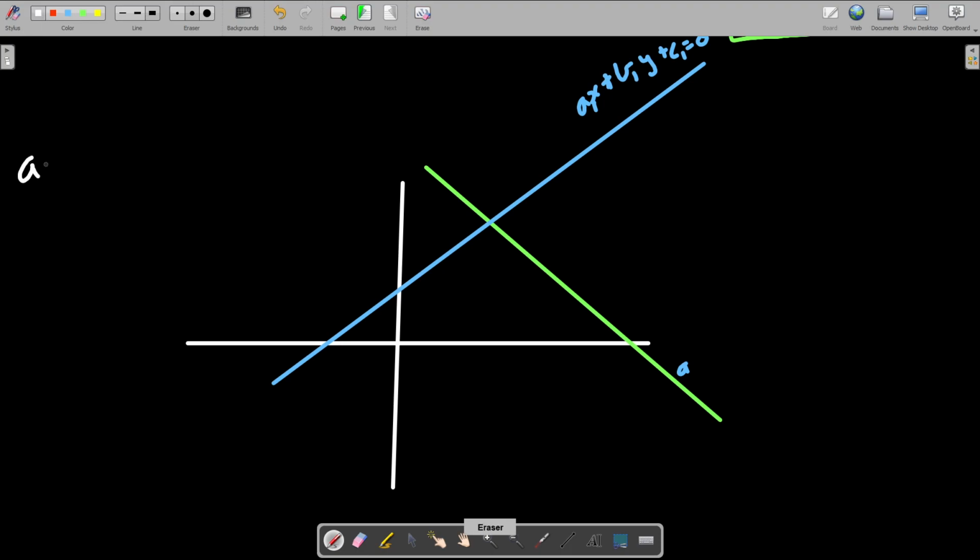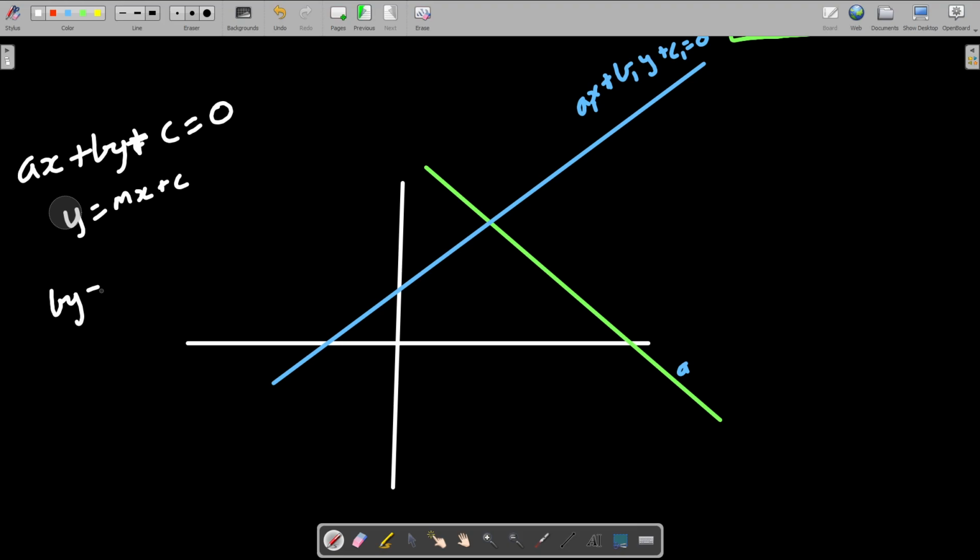If my equation of a line is given like this, ax plus by plus c is equal to 0, what are you going to do with this? You can convert it to the form y is equal to mx plus that constant c. We write it as by is equal to minus ax minus c.